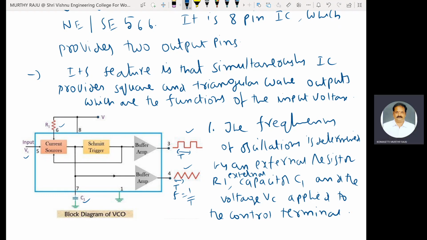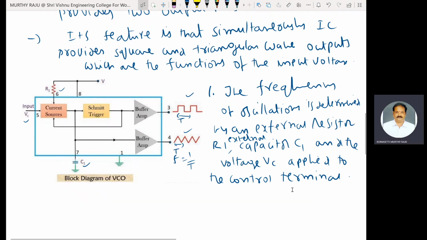One more important point here is that the triangular waveform is generated by alternately charging the capacitor and discharging the capacitor by using current sources.